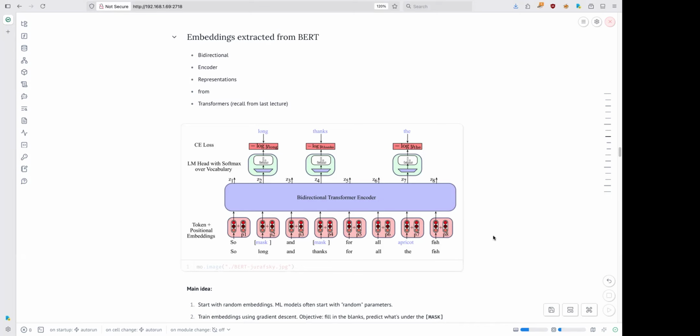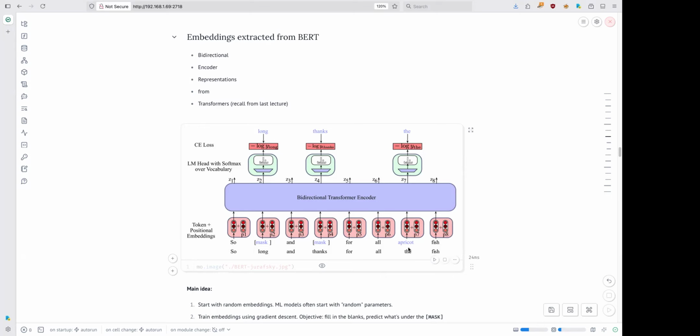This is our original correct sentence. We randomly mask some tokens from it. Like here, we say so mask and mask for all apricot fish. So here we can see that we mask some tokens and replace other tokens by random garbage.